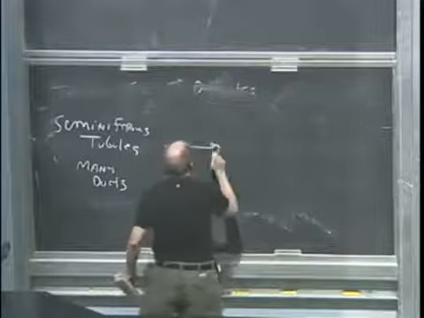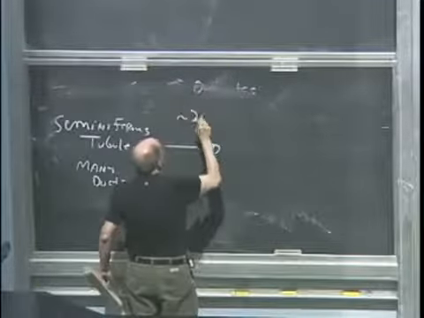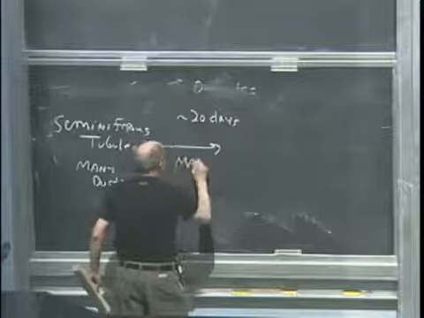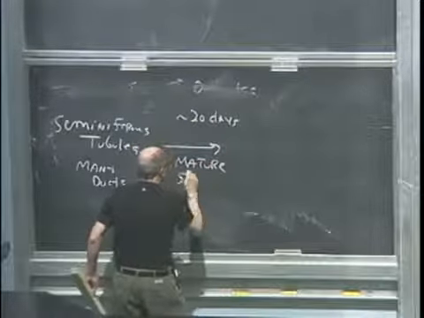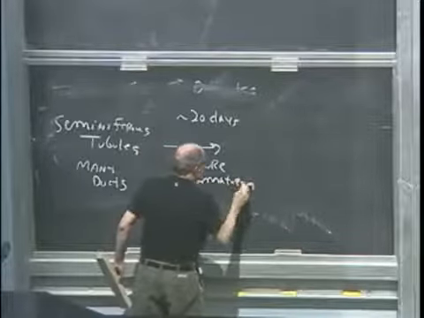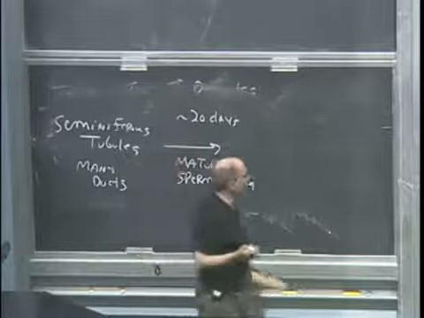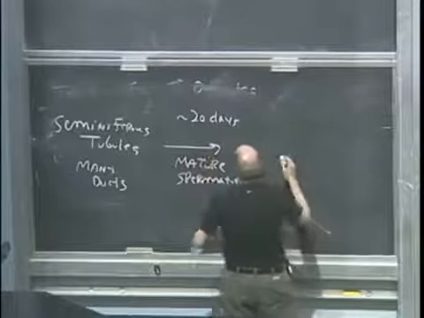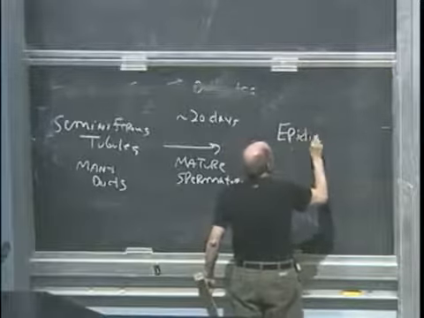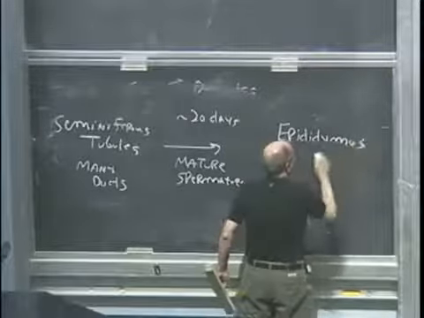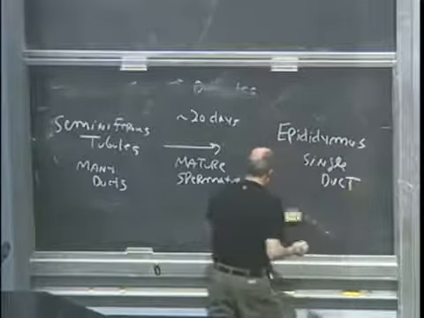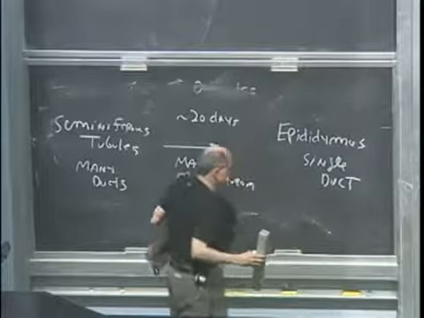And over the next 20 or so days, approximately 20 days, the spermatozoa mature. So they're more mobile, essentially what's going on. And they all go into a single duct called the epididymis, which is a single duct with mature spermatozoa.